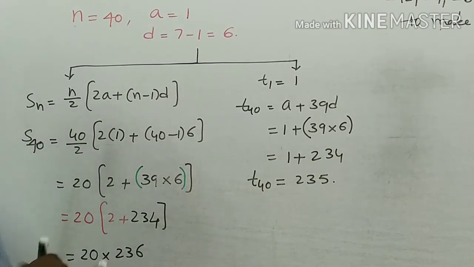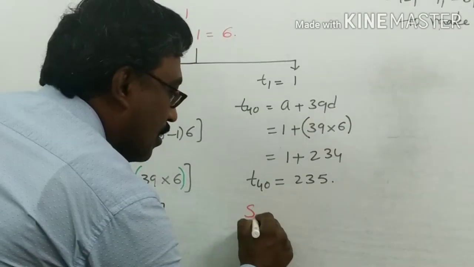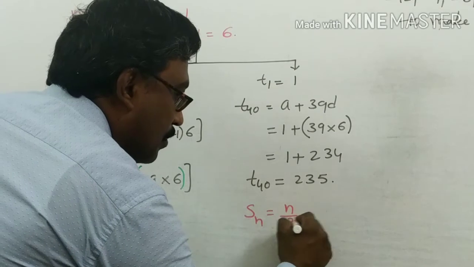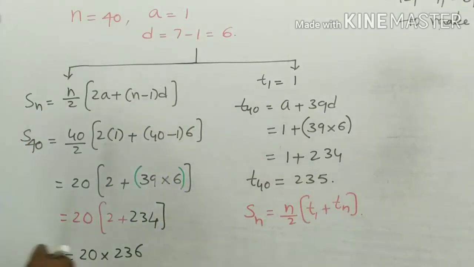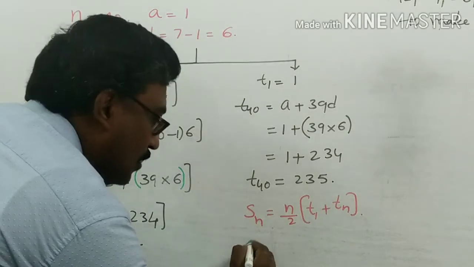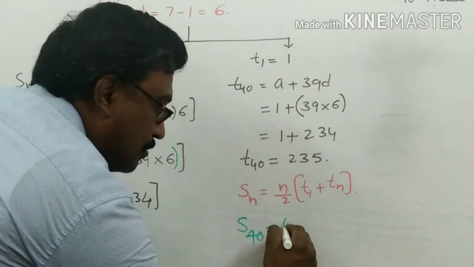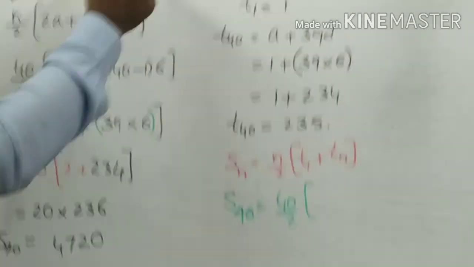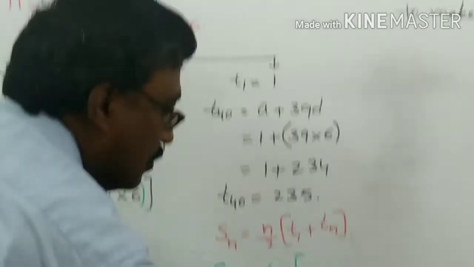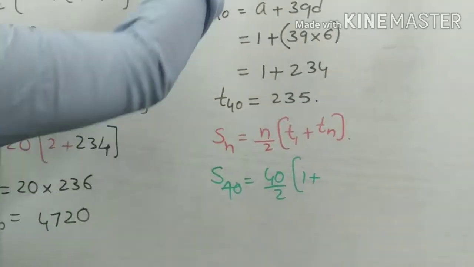Now the sum of n terms formula: n by 2 into first term plus last term. Now I am doing sum of 40 terms. 40 by 2. What is my first term? That is a equal to 1. What is my last term?